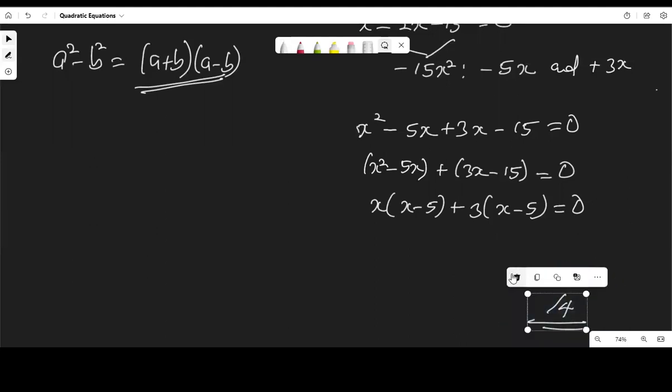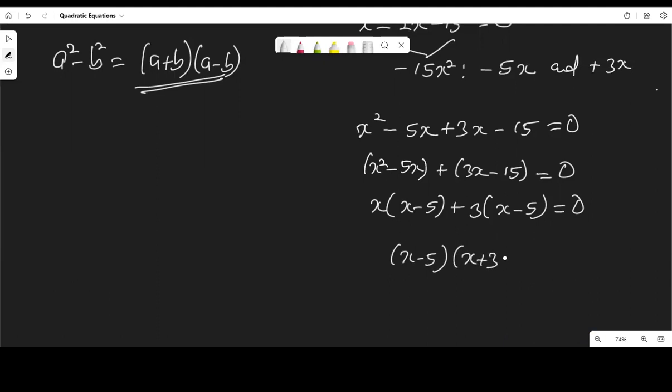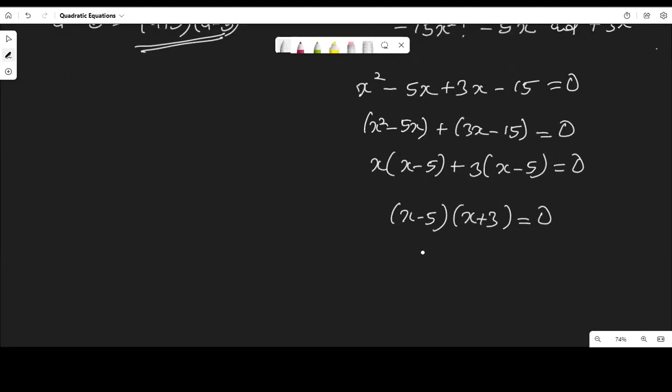We will take that, factor it out as x minus 5. Then we pair this together, x plus 3 equal to 0. Either this is equal to 0 or this is equal to 0. Therefore, x is, when this crosses to the other side it becomes plus, and when this crosses to the other side it becomes minus.